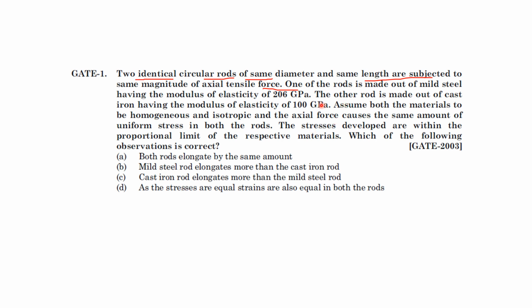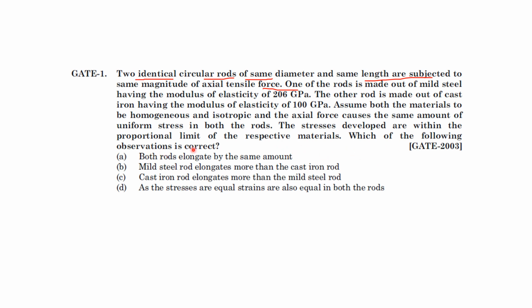So the other rod is made out of cast iron having a modulus of elasticity of 100 gigapascal. So there are two rods, one of mild steel, another of cast iron, assuming both materials are homogeneous and isotropic, and the axial force causes the same amount of uniform stress in both rods. The stress developed is within the proportional limit of the respective materials.